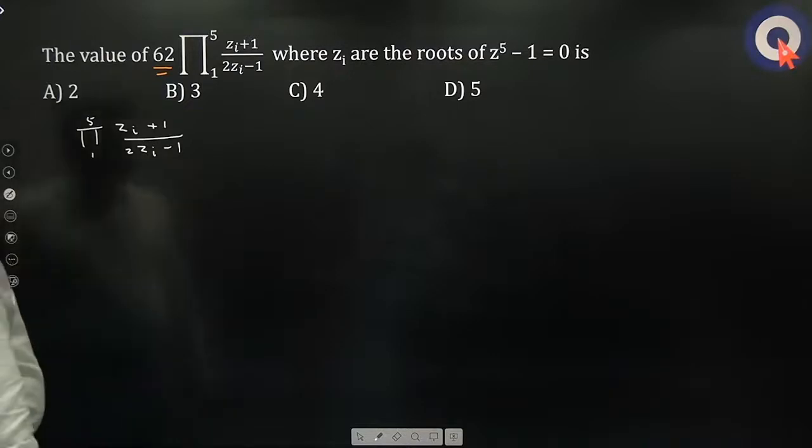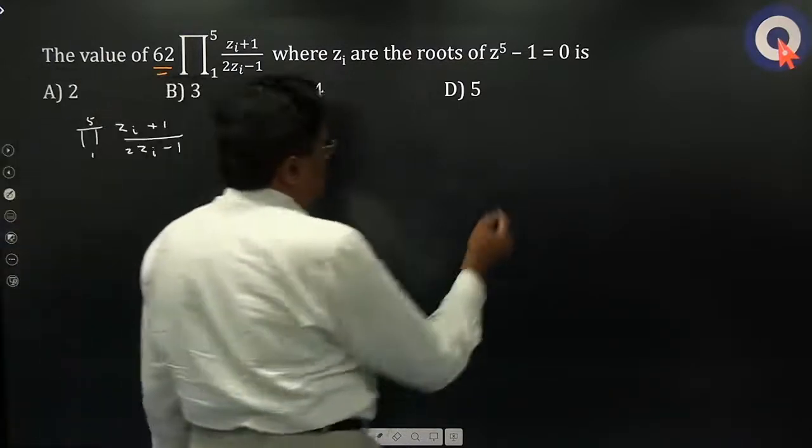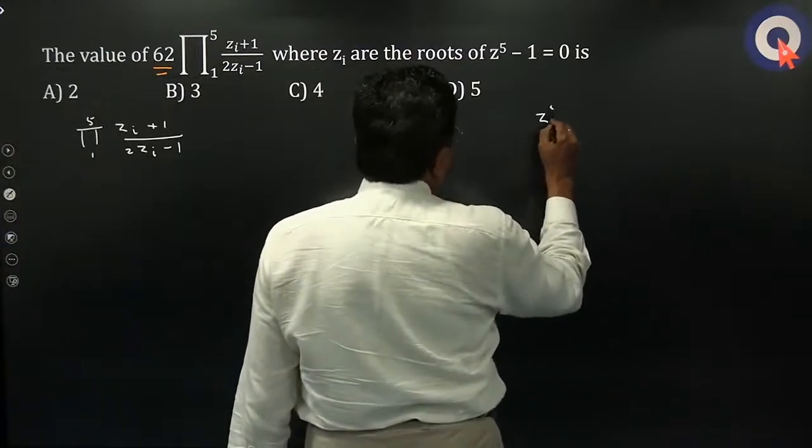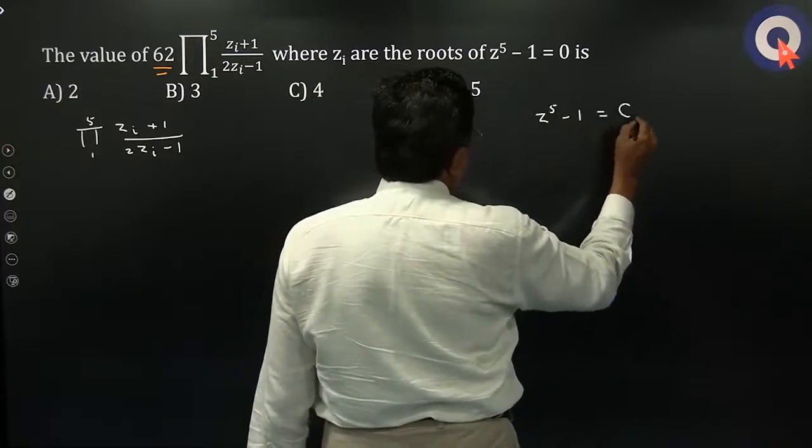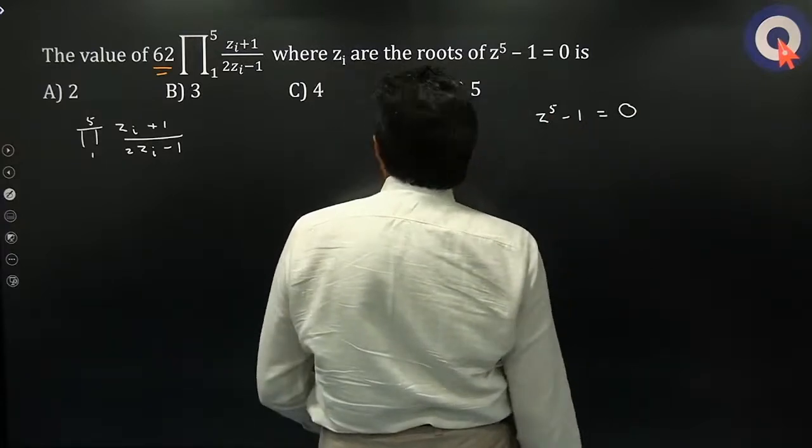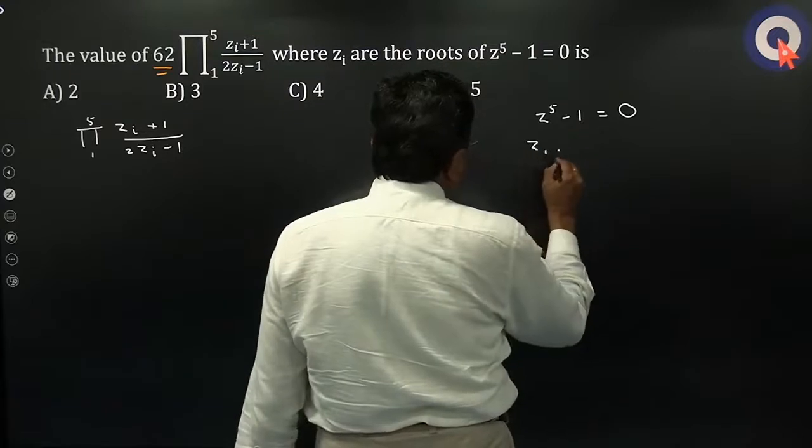Now you see, for the polynomial equation z power 5 minus 1 is equal to 0, z1, z2, z3, z4, z5 are the roots.